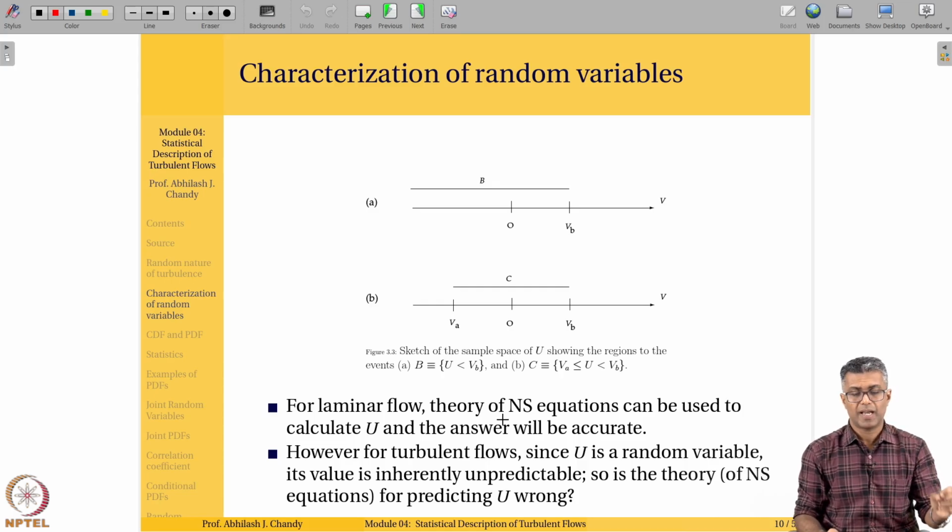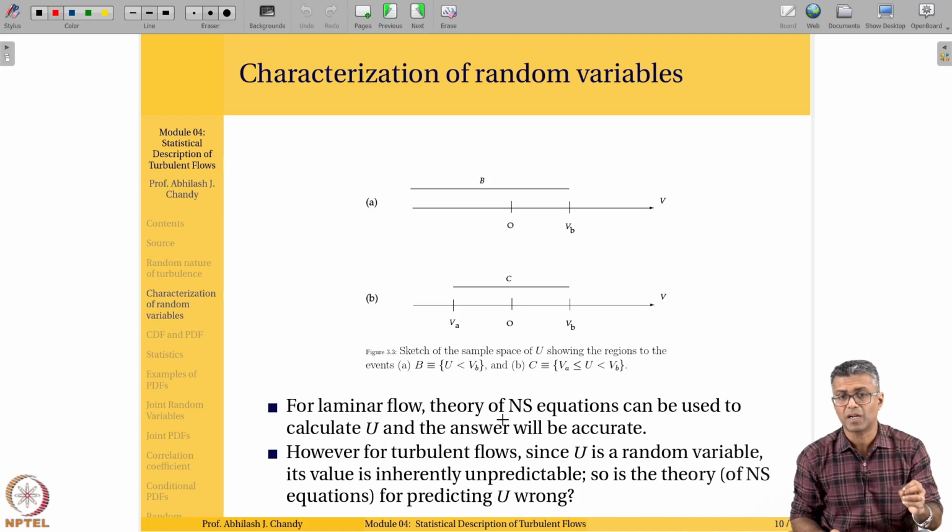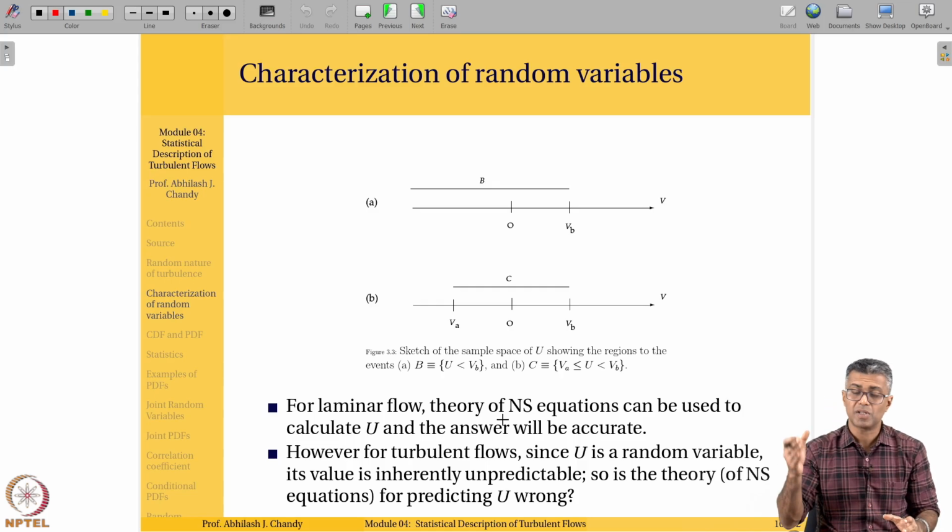So what we have done in this particular class, as an introduction, is look at the random nature of turbulence. And again, I couldn't emphasize this enough. It's a seemingly random behavior. The moment you're using the Navier-Stokes equations, you cannot say that the velocity is random. It is seemingly random because deterministic and randomness don't go together.